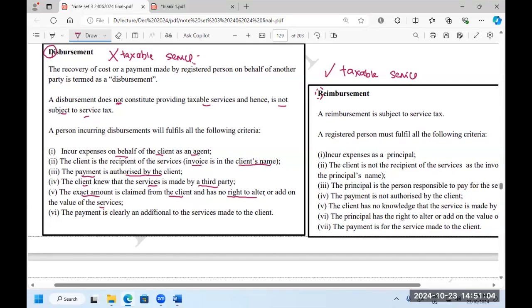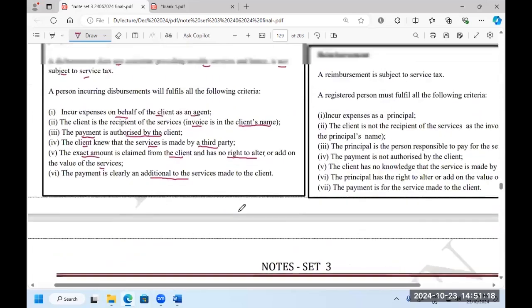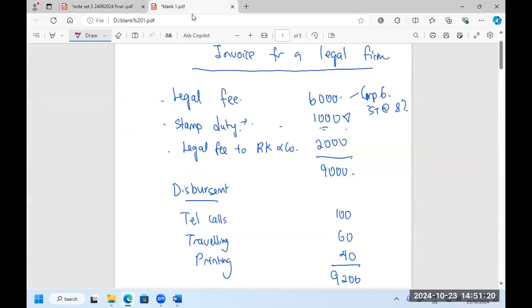It's just an additional cost to the services made. So this one has no taxable service. We'll look at the detail here, guys. This stamp duty, the invoice is in whose name? Client's name.